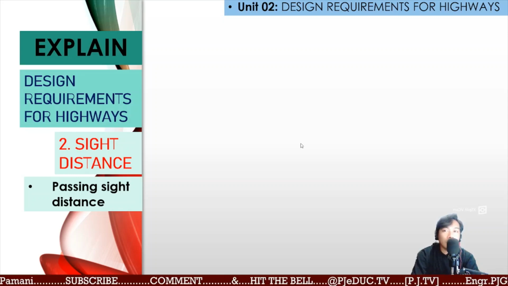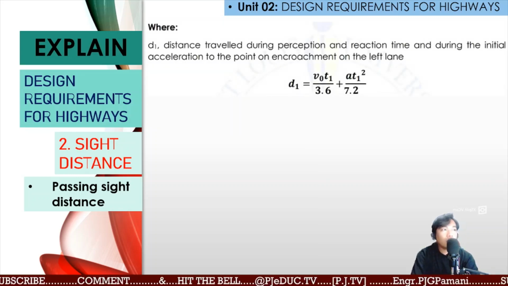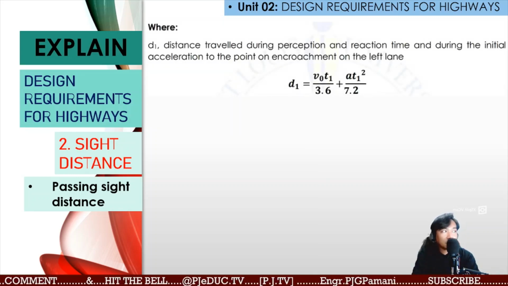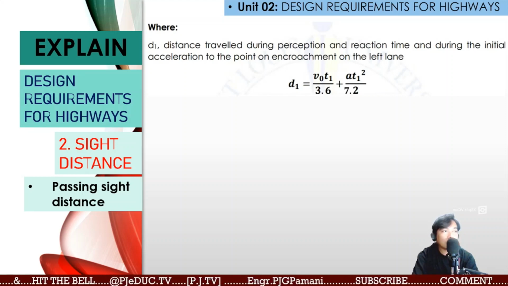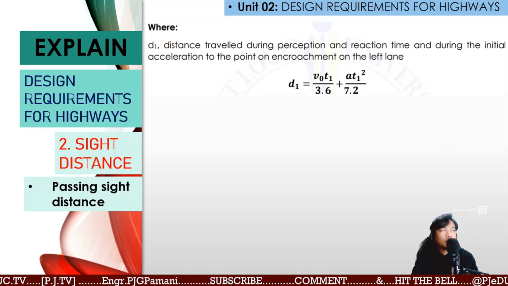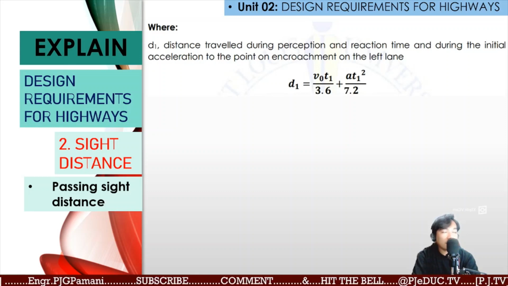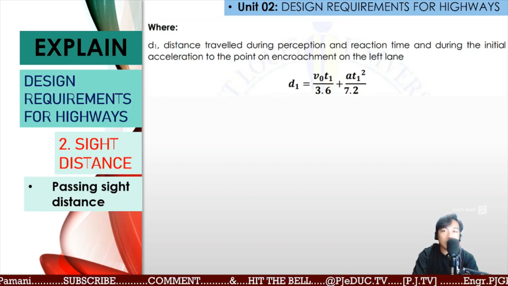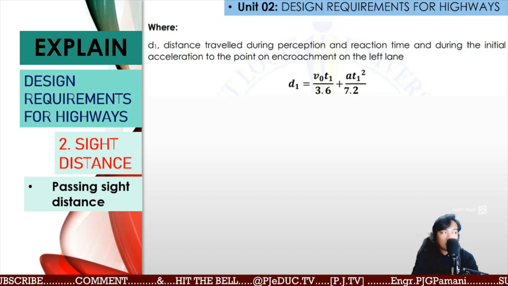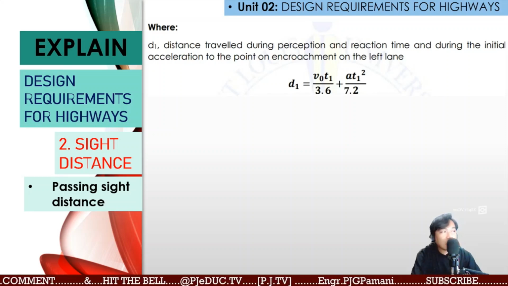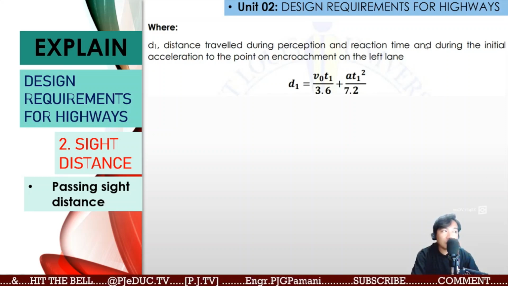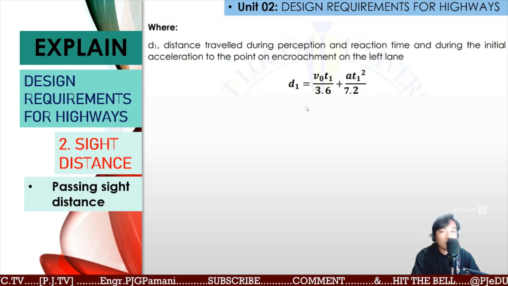No? And where D1 is the distance traveled during perception and reaction time and during the initial acceleration to the point of encroachment on the left lane, where D1 is your initial velocity V0 times T1 over 3.6. Again, yung 3.6 natin, conversion po yan from English to metric.